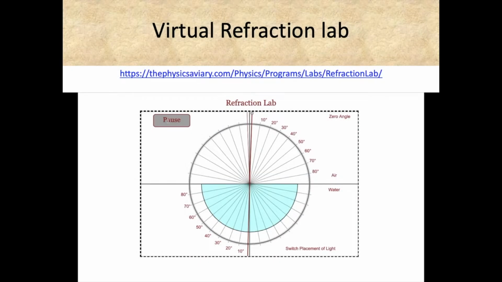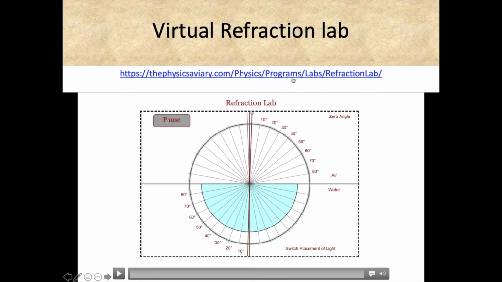Okay, here's the virtual refraction lab that you will need to do at the end of this lesson. That's the link. So when you go to that page, you're going to see an image like this. This allows us to send an incident ray from here. It will show us the reflected ray as well as the refracted ray.